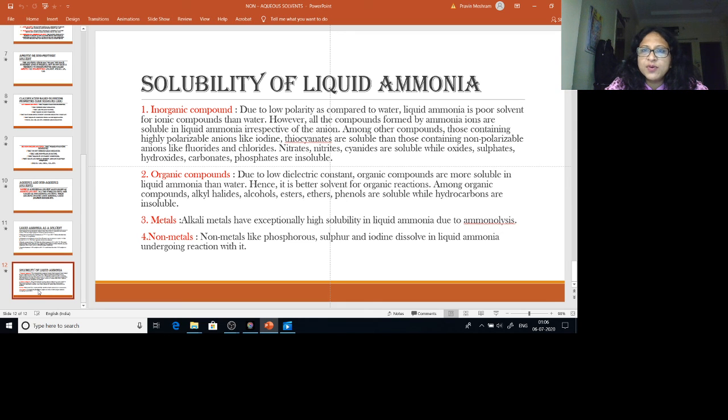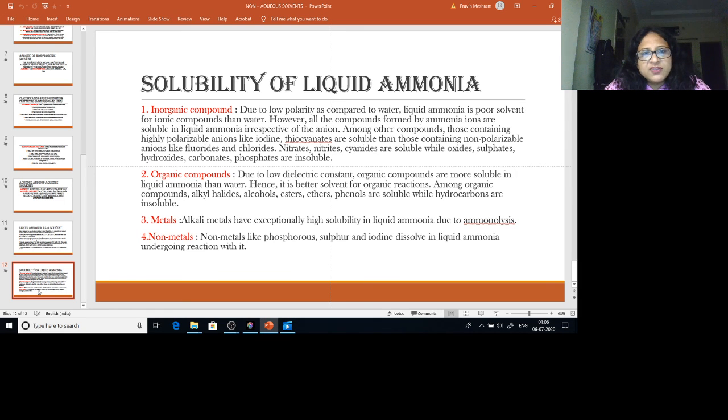However, all the compounds formed by ammonium ions are soluble in liquid ammonia irrespective of the anion. Among other compounds, those containing highly polarizable anions like iodides and thiocyanates are more soluble than those containing non-polarizable anions like fluorides and chlorides. Nitrates, nitrides, cyanides are soluble while oxides, sulfates, hydroxides, carbonates, phosphates are insoluble.